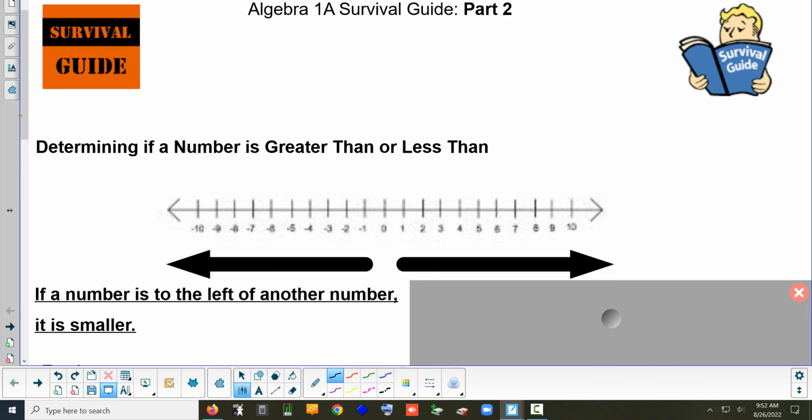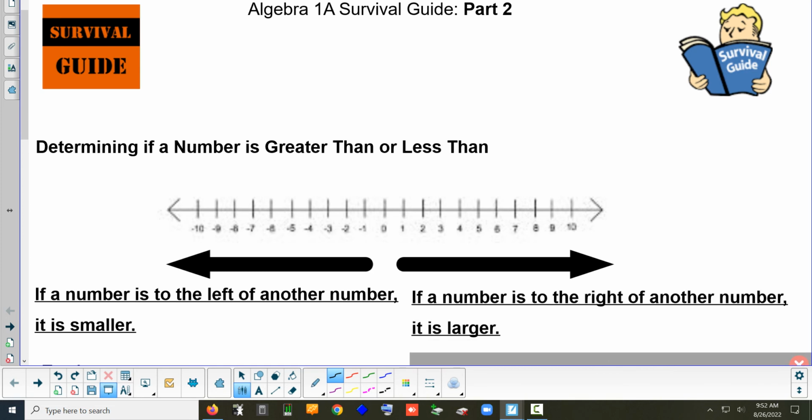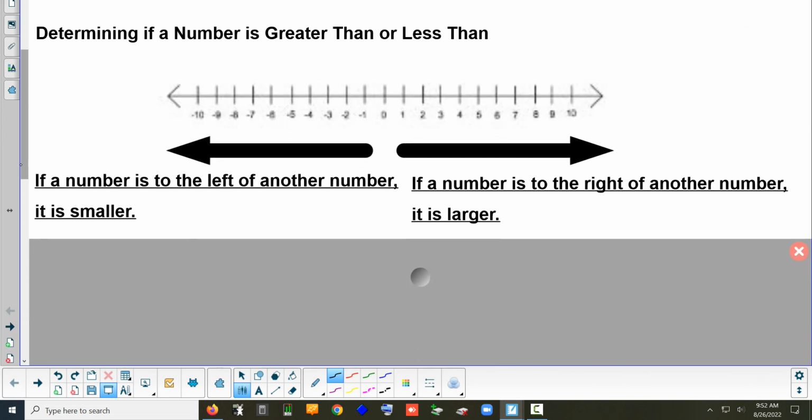Right, if a number is to the right of another number, then it is larger. It's bigger. So we'll practice a few examples, figuring out if something is larger or smaller.